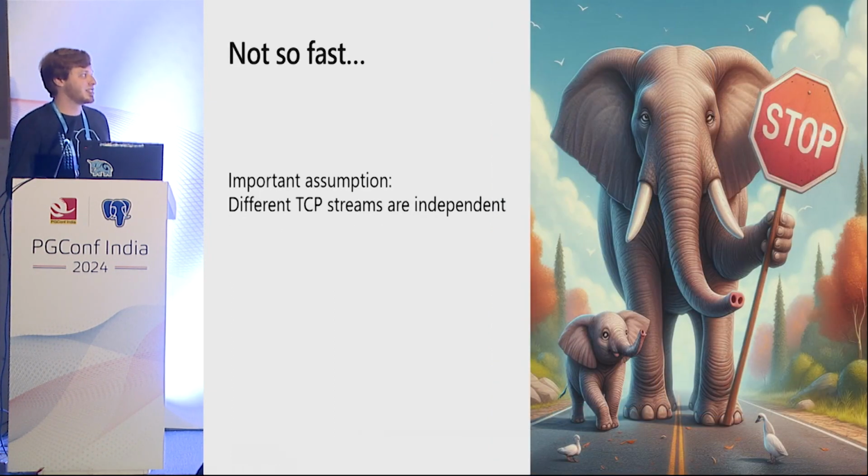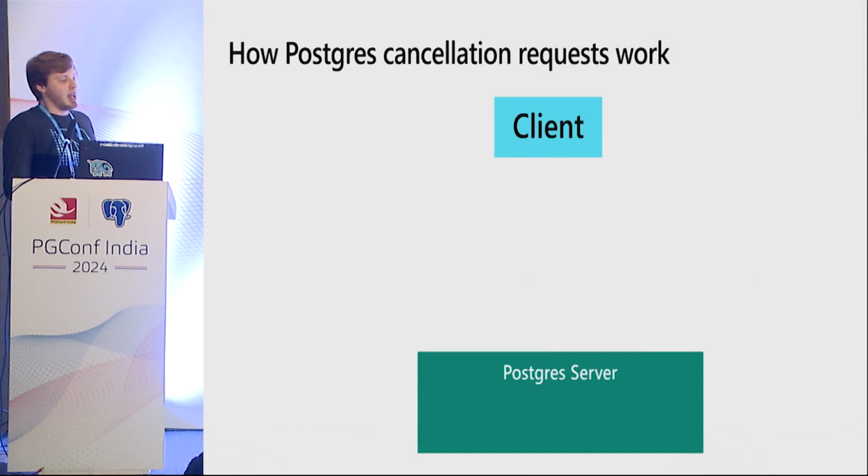But not so fast. There's one important assumption that this whole thing requires, which is that different TCP streams need to be independent, because that's how a TCP load balancer works. Every TCP stream might go to a different server. And that's not actually how the Postgres protocol works in all cases, because Postgres supports query cancellations.